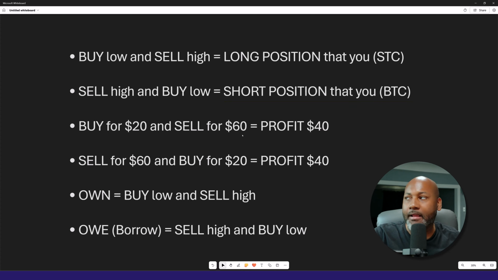Now, what would that look like? If you bought for $20 and then you sell for $60, this was a buy low, sell high philosophy. So you open a long position for $20 and then you sold it for a profit. The difference between 20 and 60 is $40. That's a long position. But let's say you take a short position.